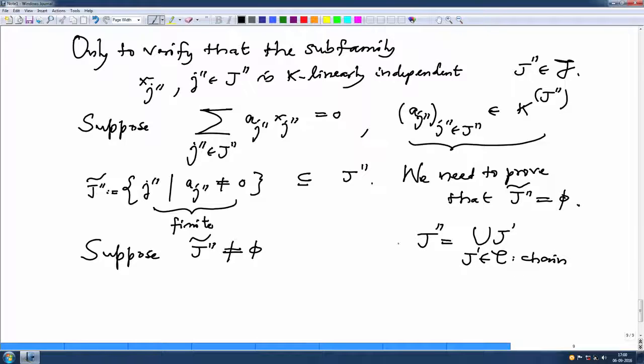That means if I am given finitely many elements in J double prime, they will belong to this union, but among the J prime varying in C they have an inclusion relation.